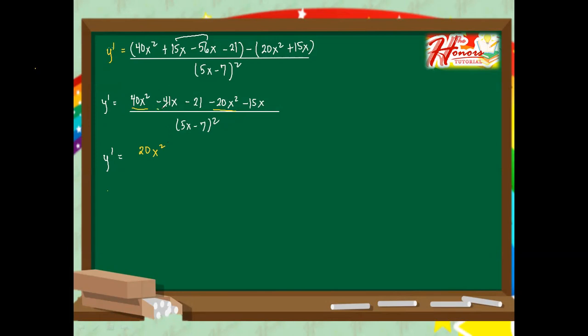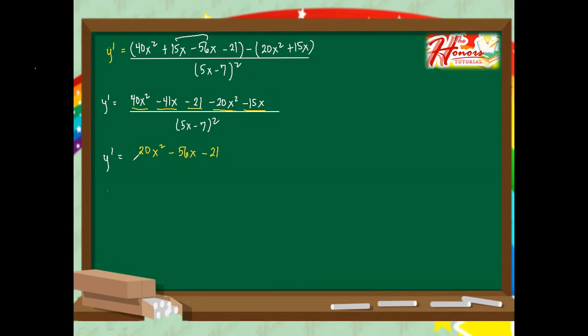Then after that, we have here negative 41x and negative 15x. As you can see here, we have the same sign. They are both negative numbers, so therefore we have to add the numbers, and that is 56, and then copy their sign. So that's why we have here negative 56x minus 21. I just copy negative 21 since there's no number that I can combine with negative 21.